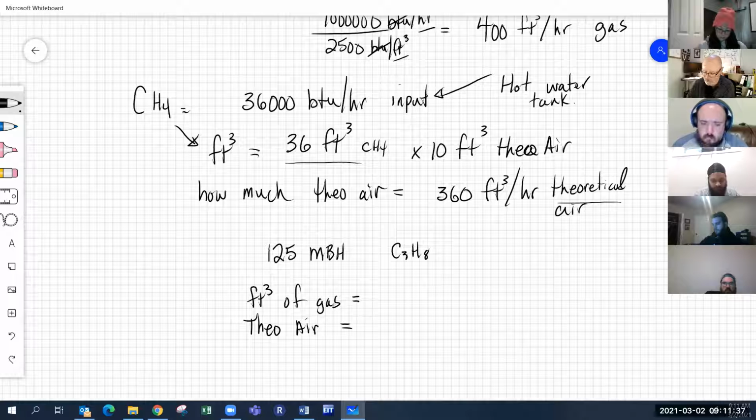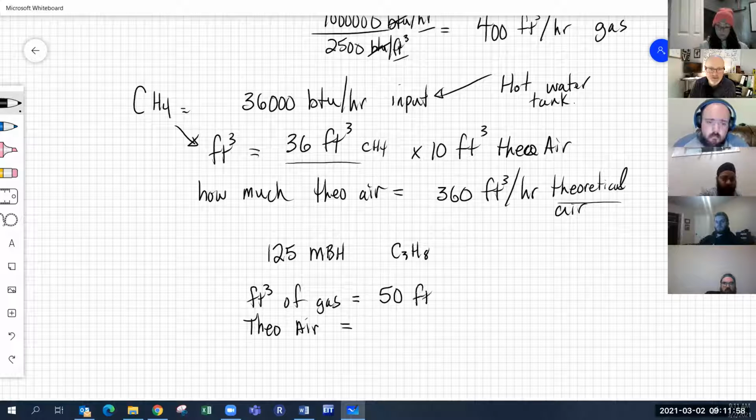Is it 50 cubic feet? Yeah, I think you're right. 1200 theoretical air. So that is 50 cubic feet of propane per hour.